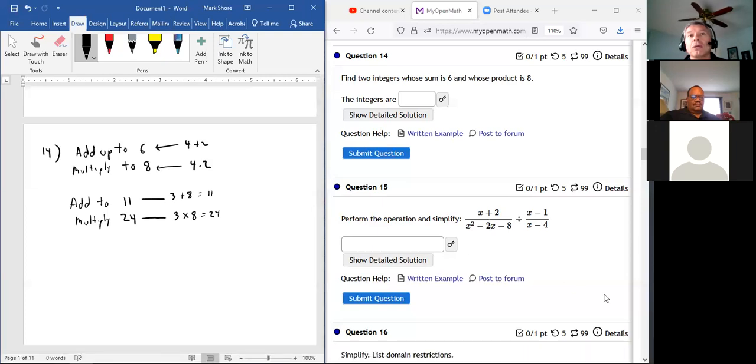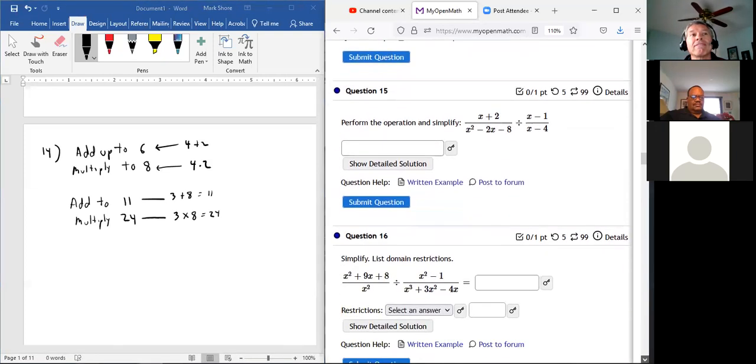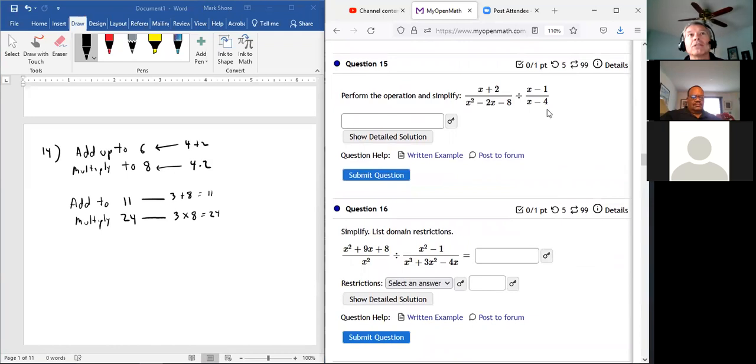And so with these problems like 15 and 16, you have to factor these down. Actually, with this one, there's only one thing that you factor on 15. So with 15, doing this in pieces here, you've got an x plus 2. On the bottom, we have this x squared. I'm not going to write the whole problem down again. We're just going to factor this x squared minus 2x minus 8 right over here.